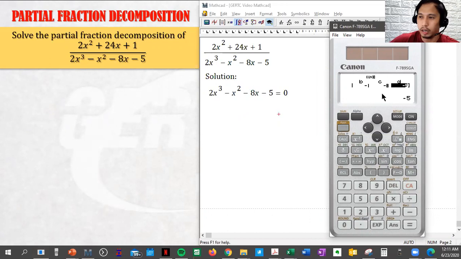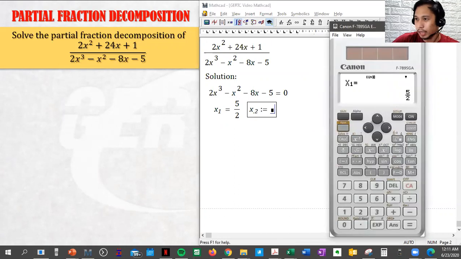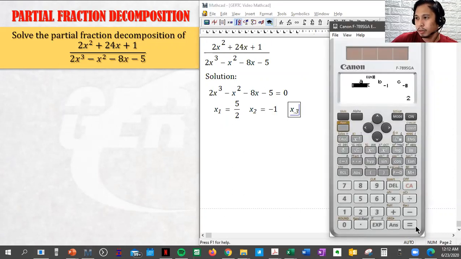Okay, so what are the roots? X sub 1 is equal to 5 halves. How about X sub 2 and X sub 3? X sub 2 is equal to -1, and X sub 3 is equal to wala. What does that mean?